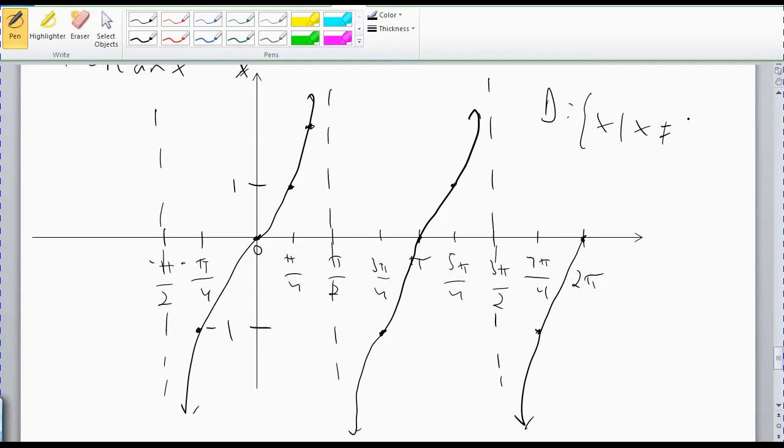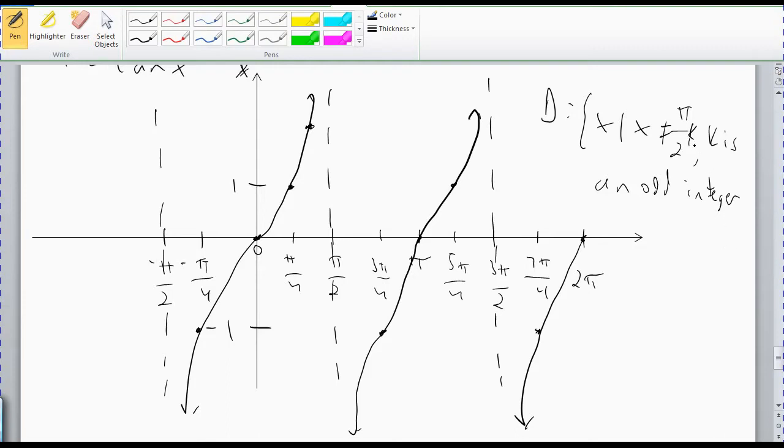So what it means is that x is not going to equal pi halves k, where k is an odd integer. You're going to see that quite a bit. So x cannot be pi halves. It's actually going to be pi halves k, where k is an odd integer.